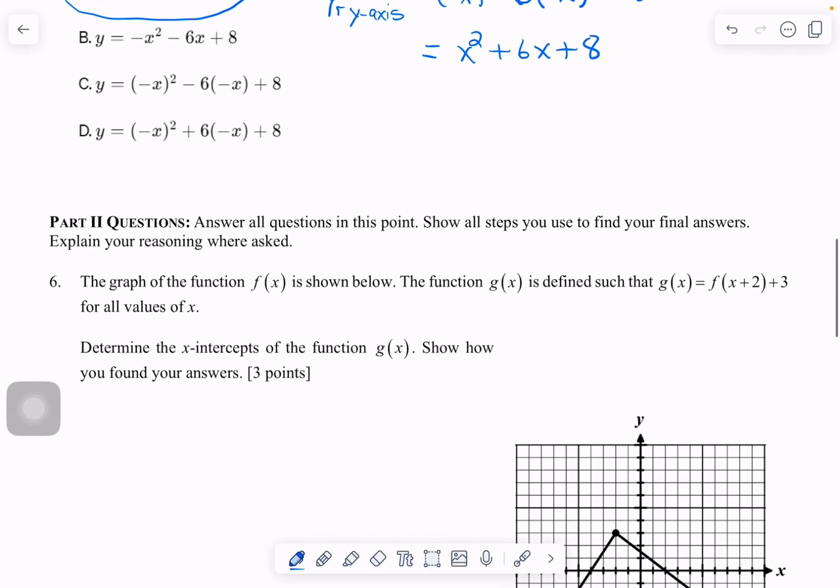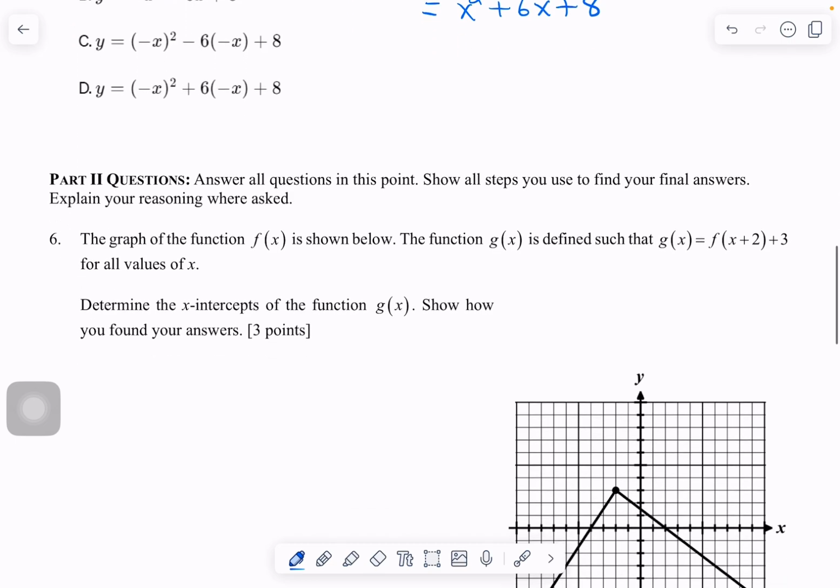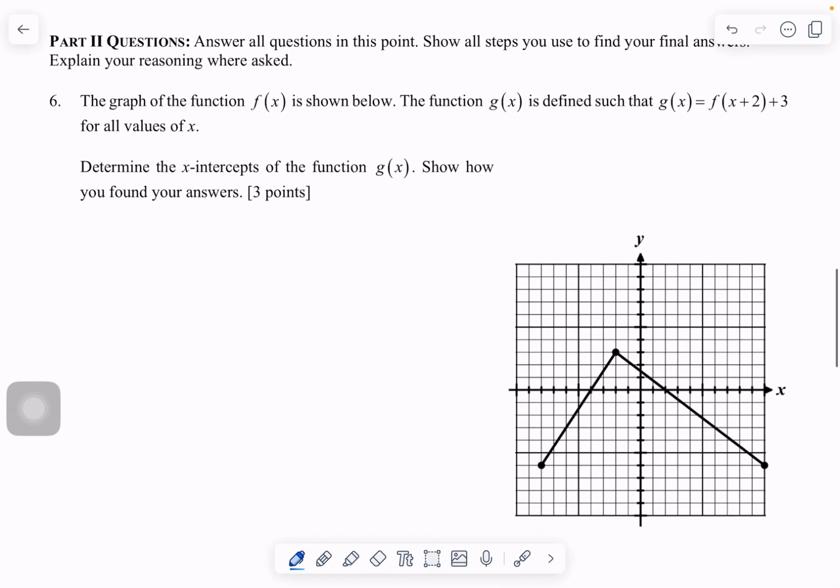Okay, and then part 2, I'd like you, given a function graphically. So this is the function f of x. The graph of the function f of x is shown below. It's this line here, like an upside down V. It's not an absolute value. We don't know really what it is, but we know that that's it.